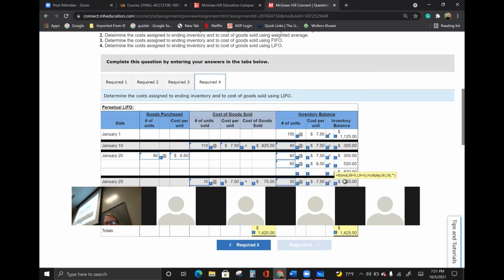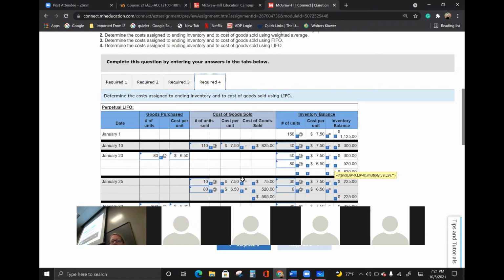I'm using LIFO. So when I sell the 90 units, I want to take the 80 out of here, right? So there's my 80 units at 650. I'm going to sell all of them first because it's last in, first out. So I'm taking all the 80 and then the remaining 10 from the older batch.